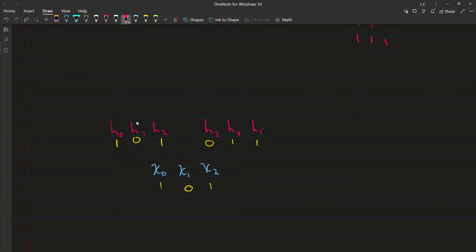So each input has one canonical branch, and the other branch just gives the identity.